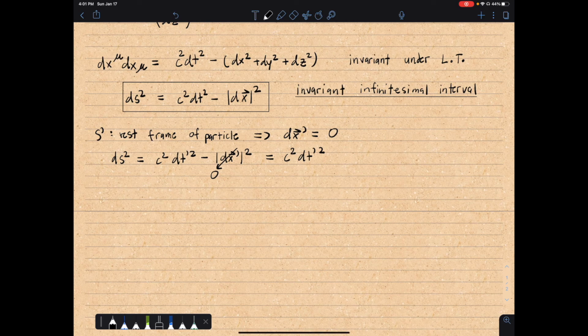And now we can finally set this equal to c squared d tau squared, where d tau is dt prime. Tau is the proper time, or the particle's own time.